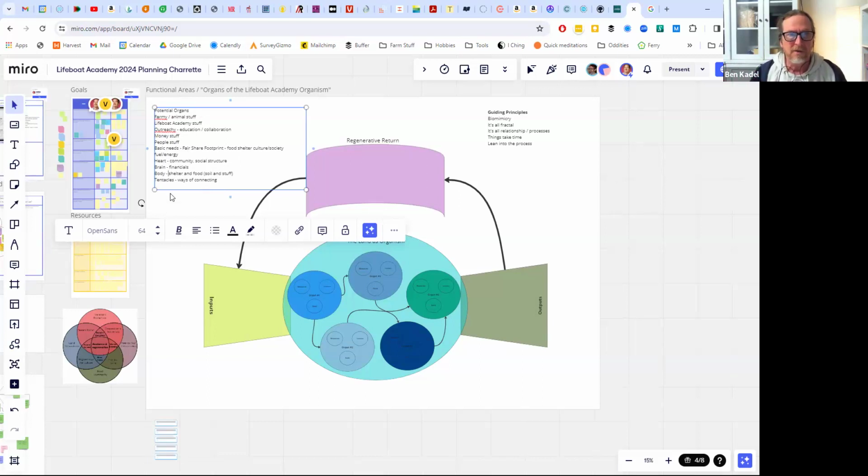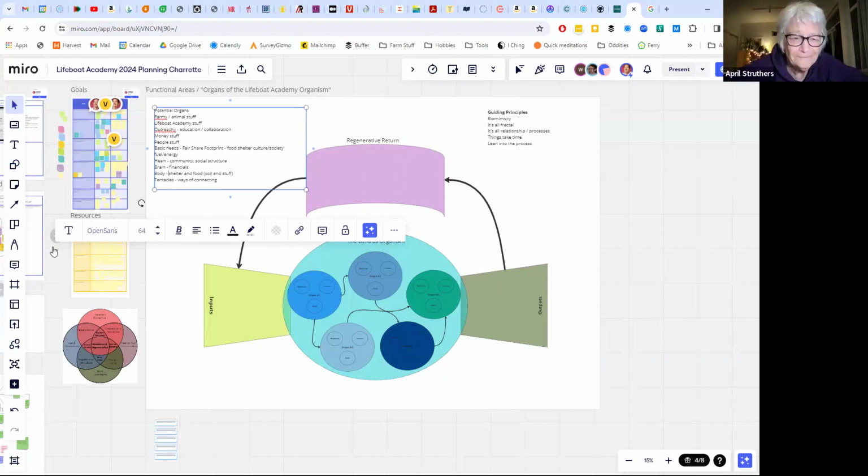I'm trying to figure out how to mush it down into a smaller number. I'm bamboozling myself as well. I think we've got the raw material here, and it's just a matter of consolidating it, and I'm not sure how to do that elegantly. So April, go do that elegantly. Fix it, make it better. Over to you.